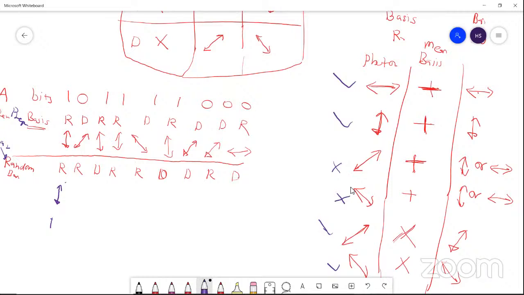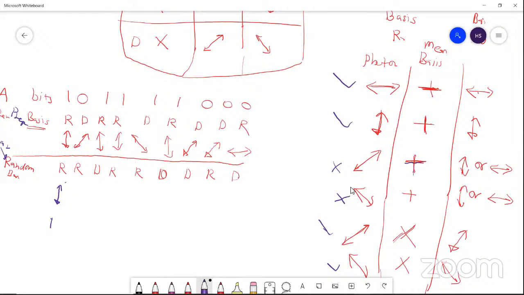This thing was sent, and I am measuring in the plus basis. So what can I get? I can get either vertical or horizontal. This kind of measurement will give you either vertical or horizontal, with the same probability, 50%.